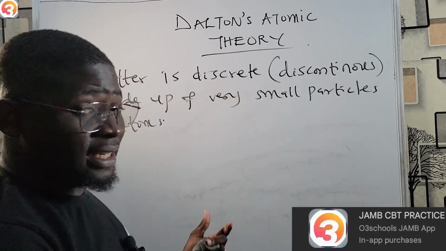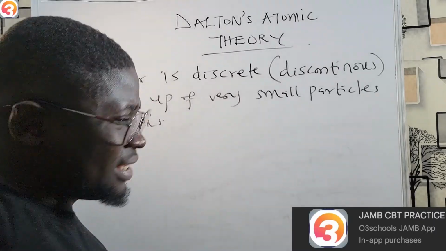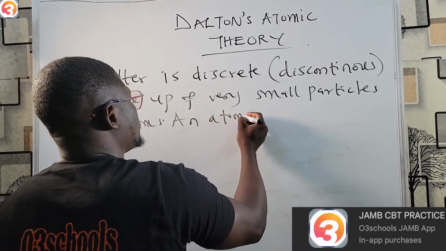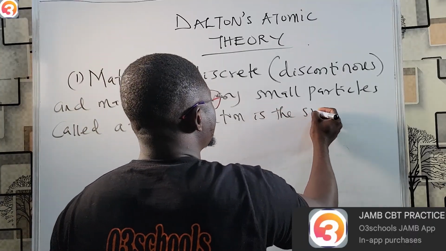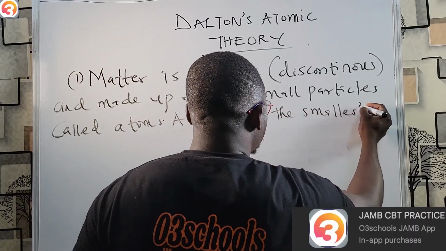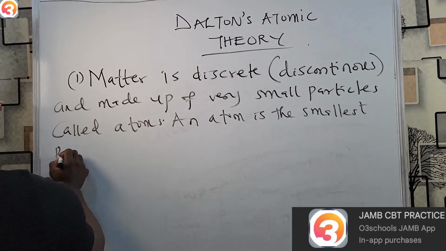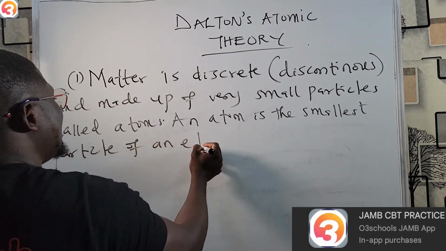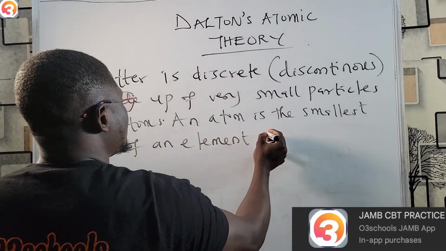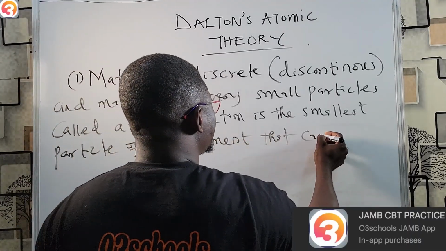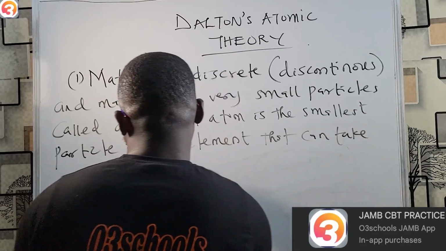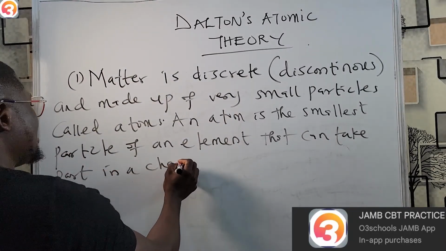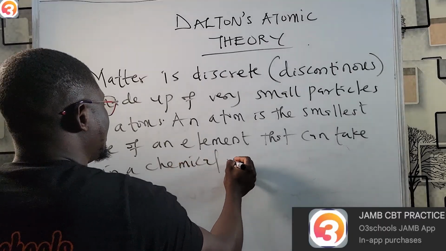When he made this statement, it didn't end there. He went further to say that an atom is the smallest particle of an element that can take part in a chemical reaction.